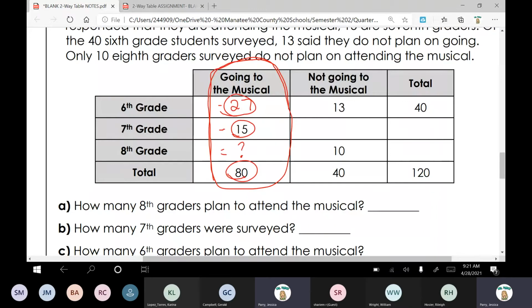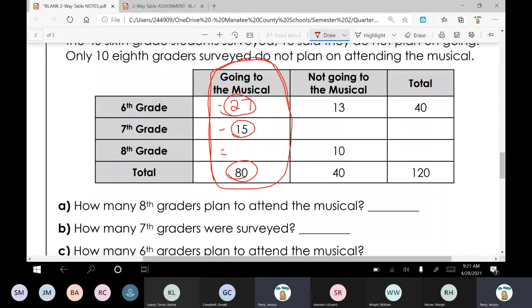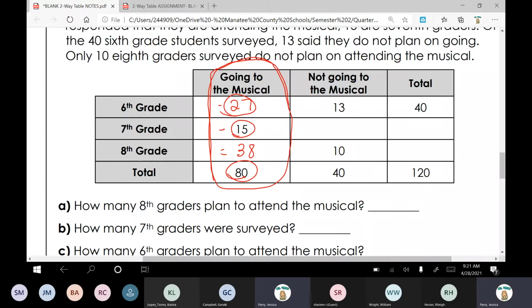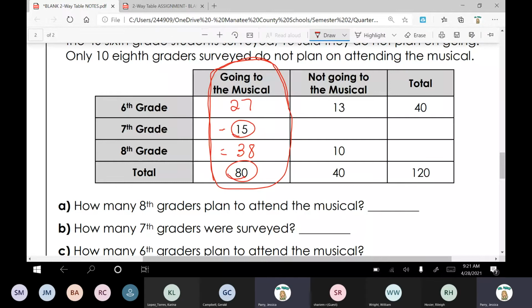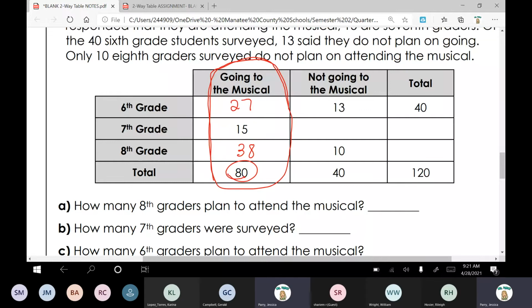So you do 80 minus 27 minus 15 to get your answer there, which is 38. Okay, and then you can even go back and double check. You would add them together. 27 plus 15 plus 38 would equal 80.